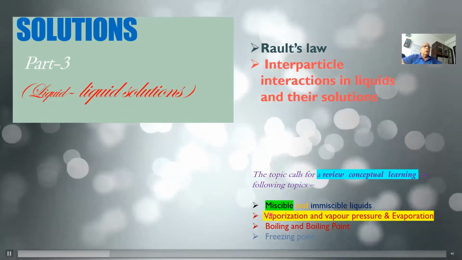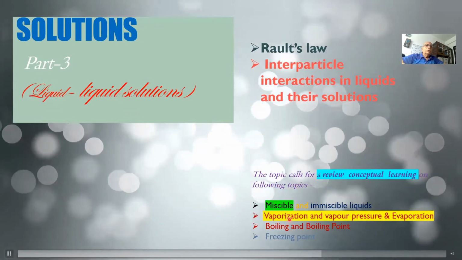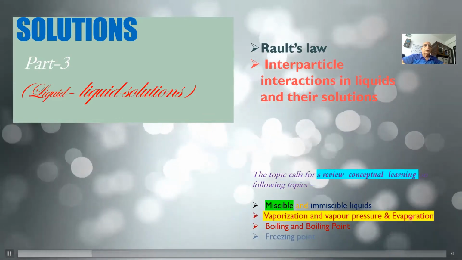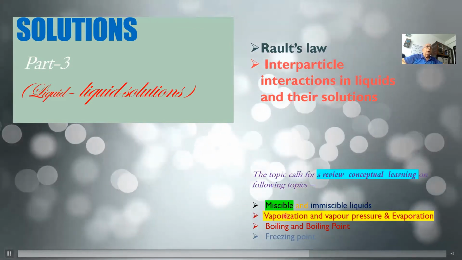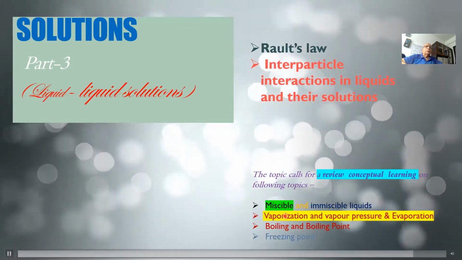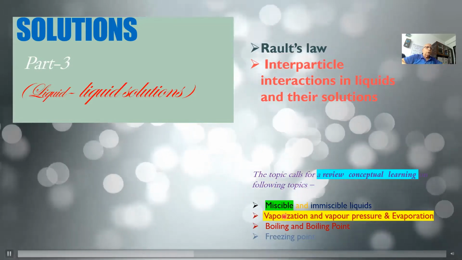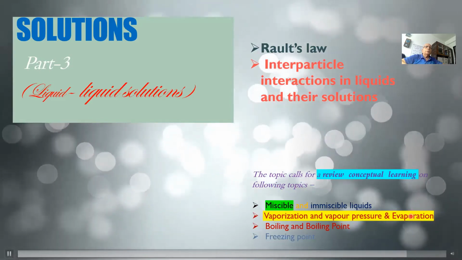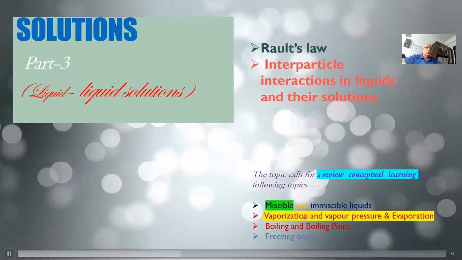Then, one of the important properties of liquid is vaporization and evaporation. Vaporization and evaporation are the important characteristics of a liquid. What is vaporization and what is evaporation? We have to take up again and review our concepts.